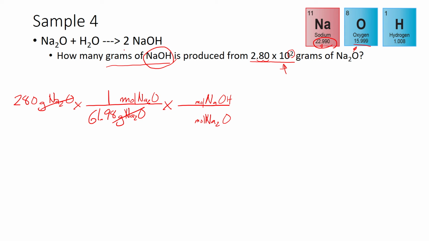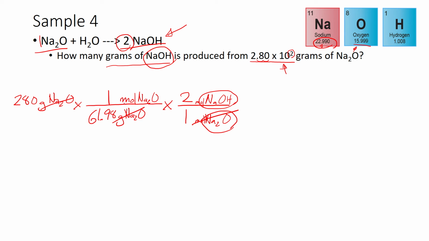So looking at the balanced equation, there is 1 mole of Na2O for every 2 moles of sodium hydroxide. For sodium hydroxide, there are 2. And for the Na2O, there's only 1, right? A 2-to-1 ratio that I got from the balanced chemical equation.